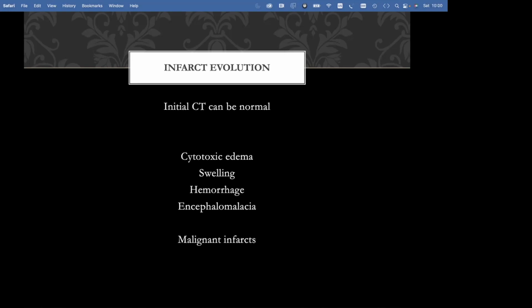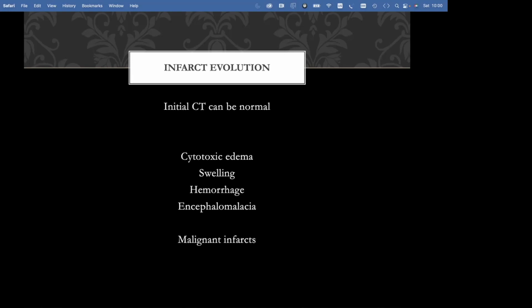Cytotoxic edema is, of course, what allows us to see the infarct on diffusion-weighted imaging. The concept is that with the injury to the cell membrane due to reduced blood flow, there's an influx of extracellular water into the cells. So this is intracellular water and a change in the diffusion properties of the brain in that location.